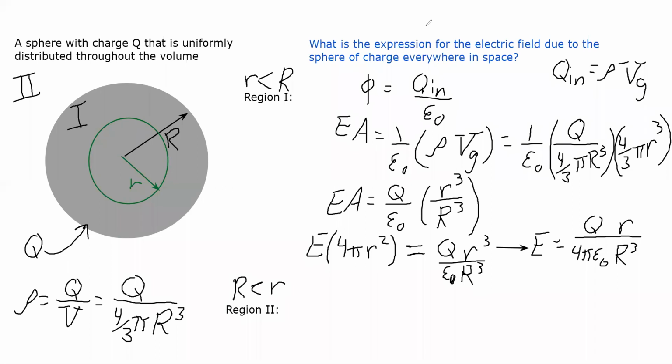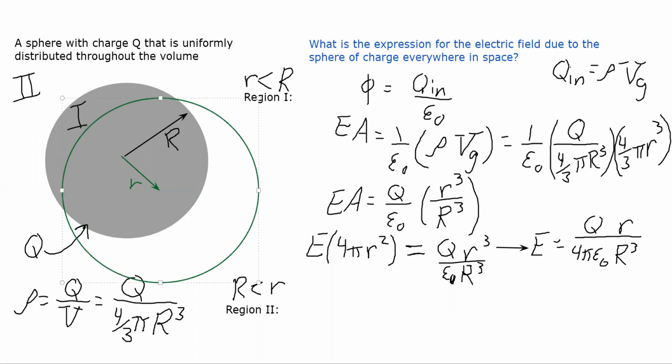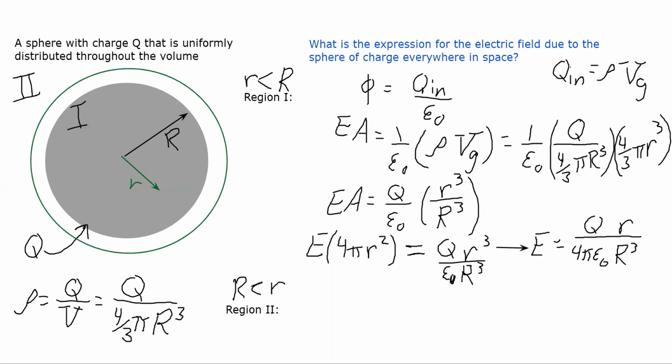So I'm going to make this circle here larger, which means I'm changing my radius. Okay, and we start the same way. Flux equals charge inside. Let me do this in a different color.